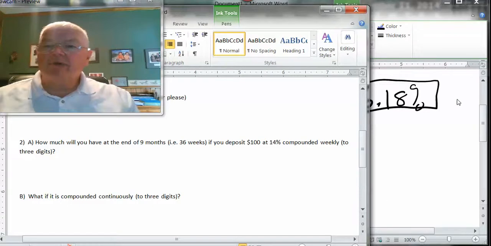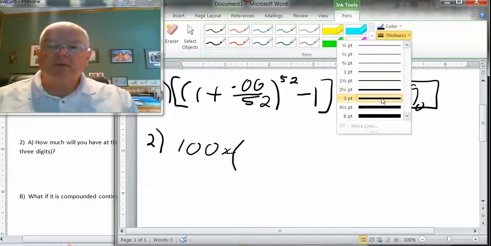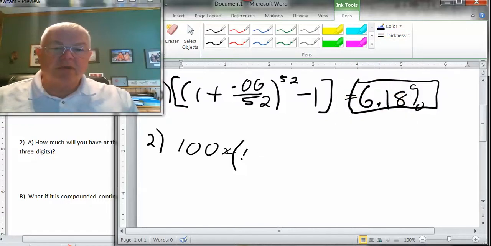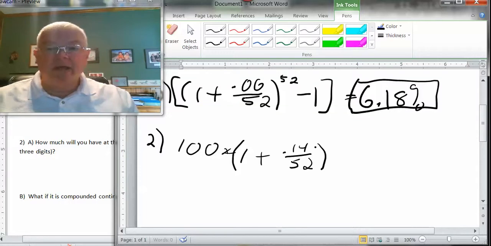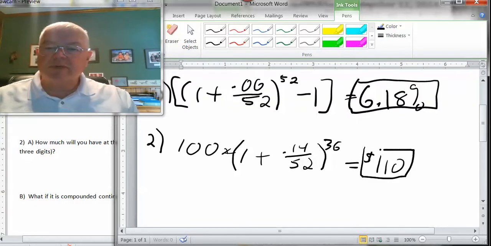That means my weekly interest is going to be 1 plus 0.14 divided by 52. That's how much interest for each week. But I'm compounding that for 9 months, or I said 36 weeks, so 36. And so I'm going to wind up with $110 to 3 digits. So I've got $110 when I do it that way.